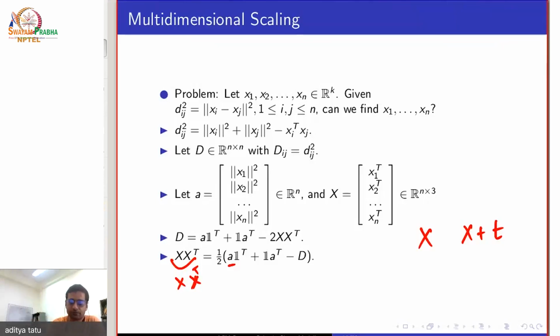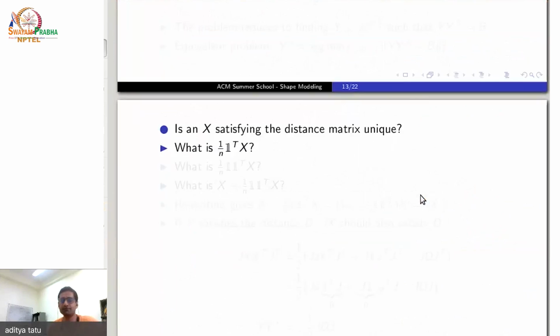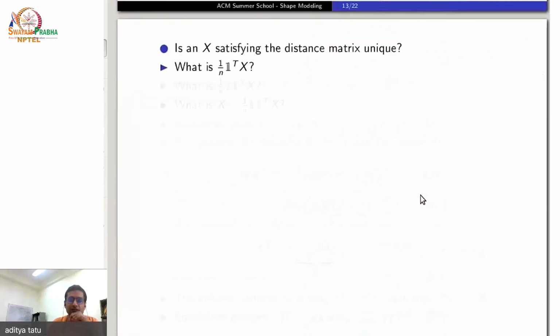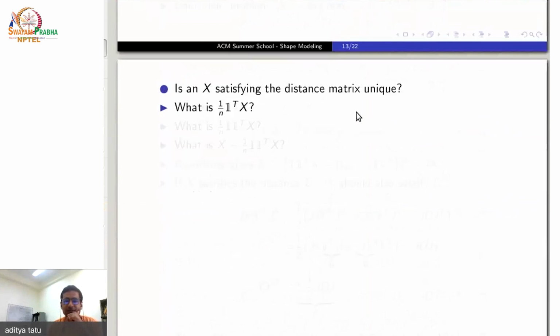Therefore, it is invariant to translation also. So let's translate the points X. Question is where? So what is this matrix? 1 by n into 1 transpose X. Quick answer. We're running out of time. It's okay.